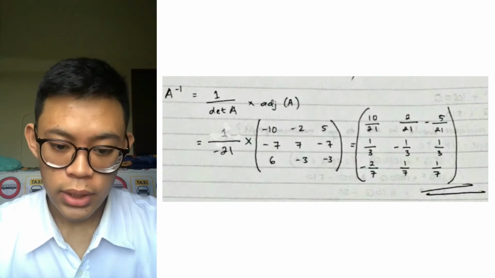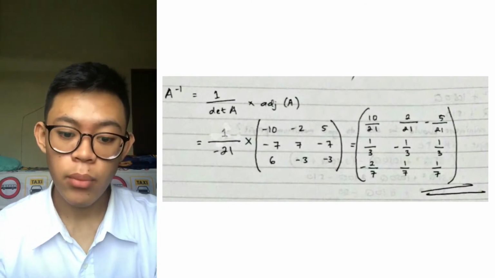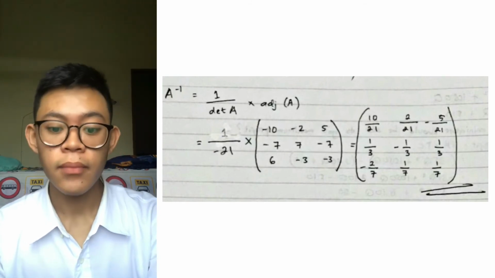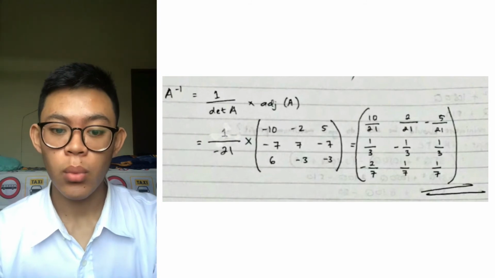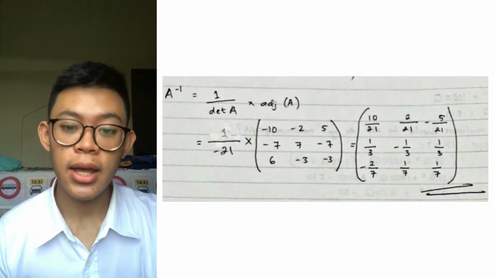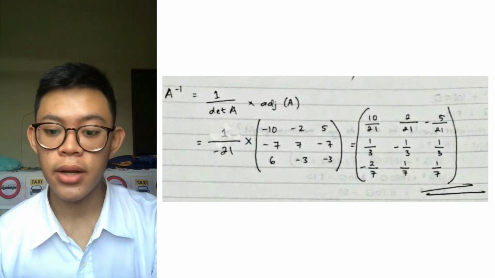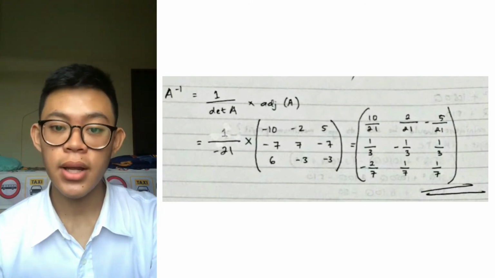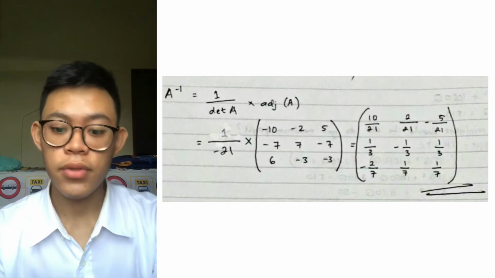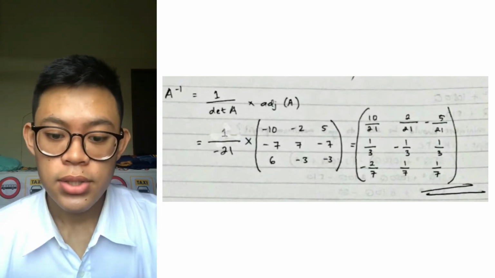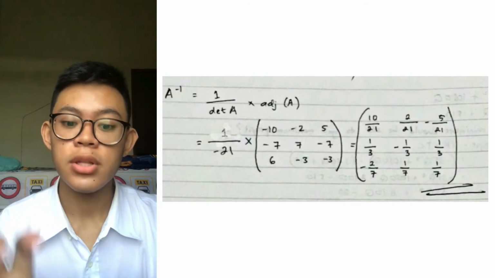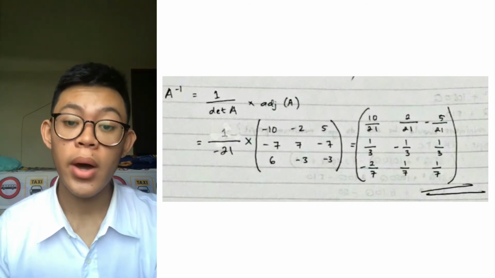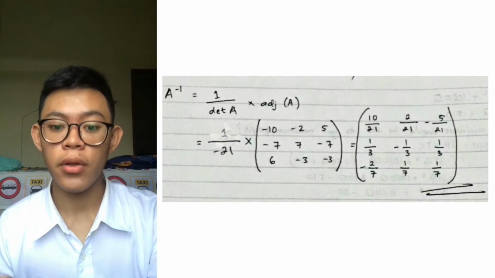So it will be 1 multiplied by, we all know that the determinant A is negative 21, and then we're going to multiply it with the adjoint A, which is negative 10, negative 2, 5 in the first row. The second row is negative 7, 7, negative 7, and then the third row is 6, negative 3, and negative 3.